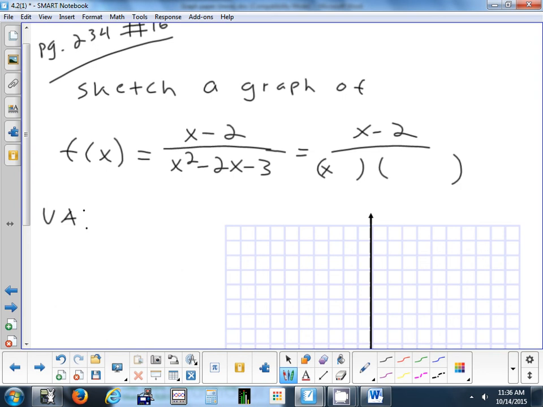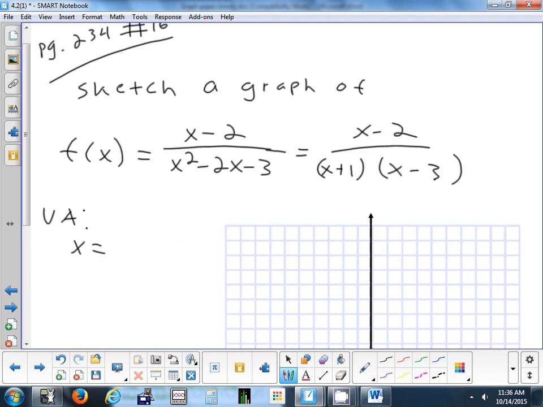So we try x and x. Okay, two numbers that multiply to give me negative 3 are negative 3 and 1. Let's check it. We got x squared minus 3x plus x is minus 2x, and 1 times negative 3 is negative 3. Okay, so we're going to have two vertical asymptotes.